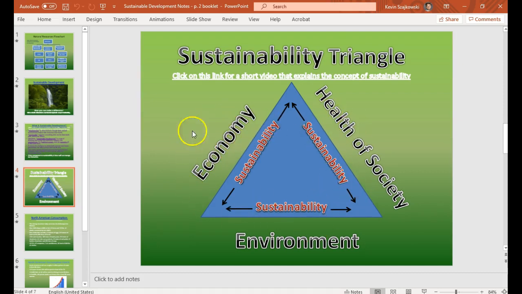And what you'll notice here is this is an equilateral triangle, which means that all three sides are the same size, and that is meant to show the equal balance between these three things in order for us to consider the way that we live as sustainable. If we put too much emphasis on the economy and not enough on the environment or the health of society, then fundamentally we are not living sustainably, and there will be implications and repercussions if we live too long like that.